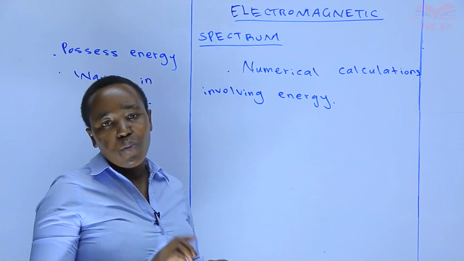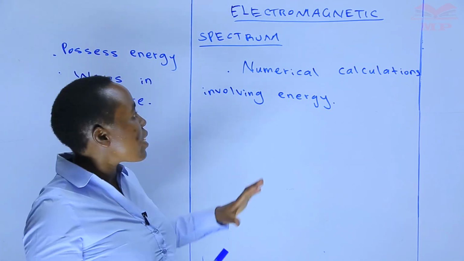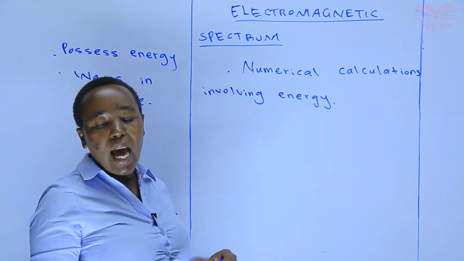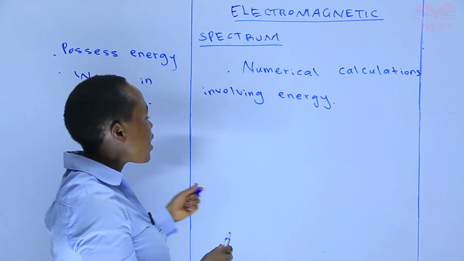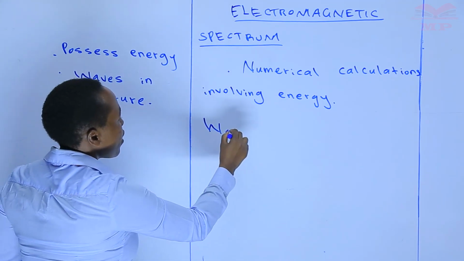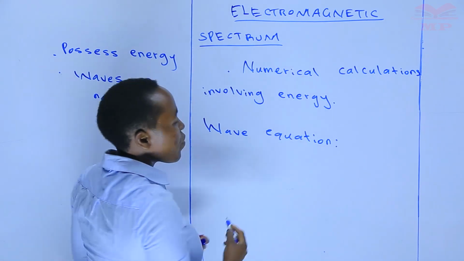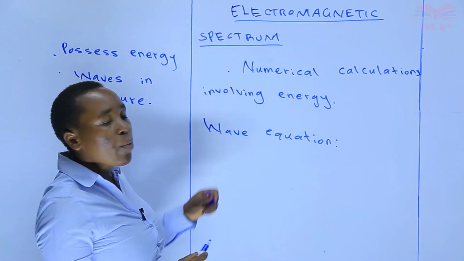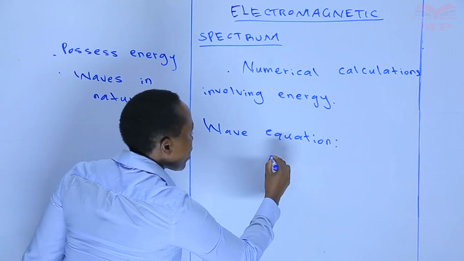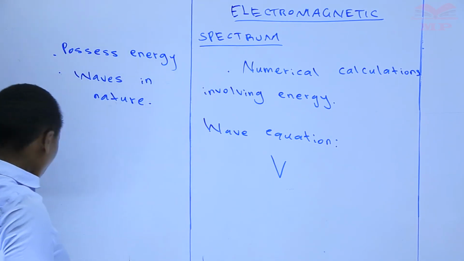Therefore, to start with, I would like us to write the wave equation. Now that these electromagnetic waves are waves in nature, we are going to consider the wave equation, derived in Waves 1, Form 2.